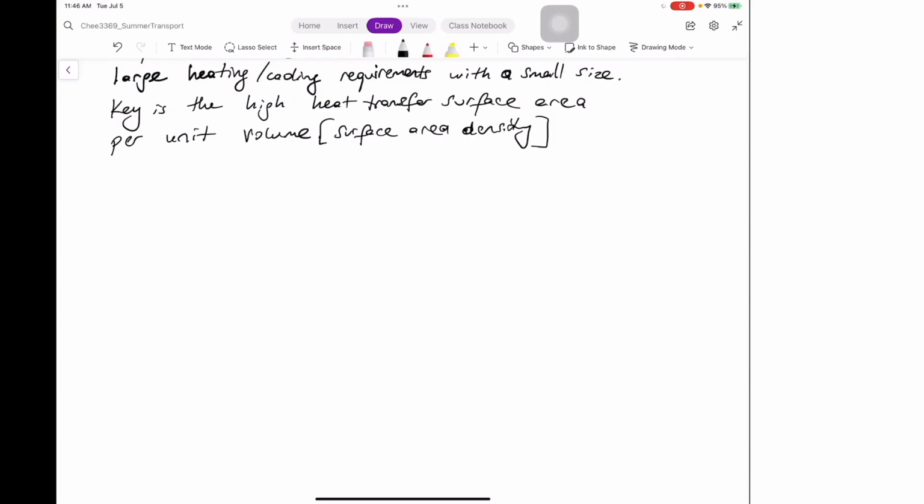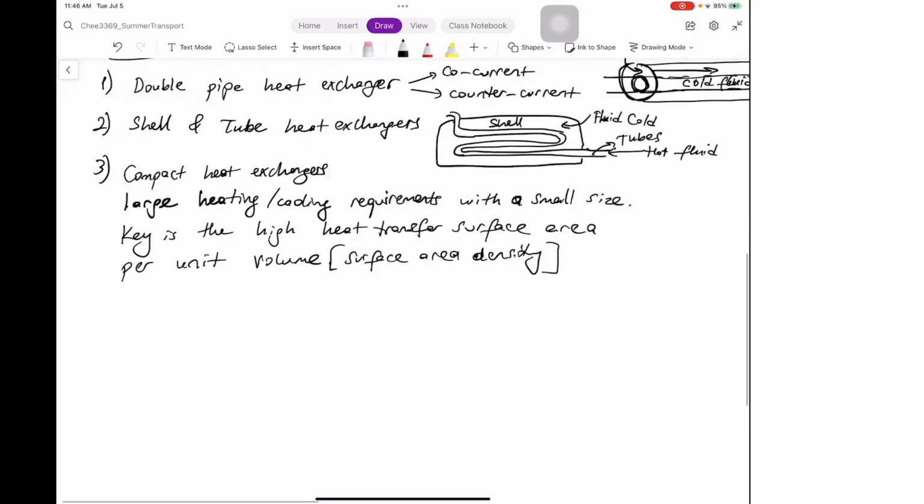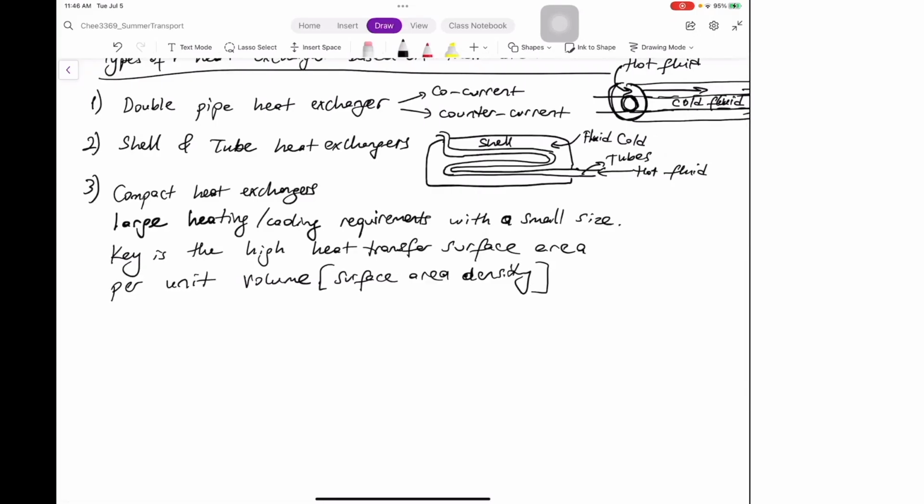Okay. One example is the human lung, right? Human lung is an example of a compact heat exchanger. Okay.